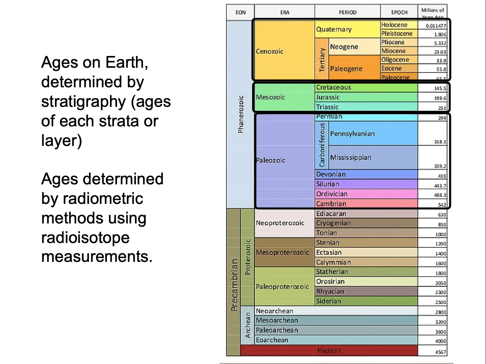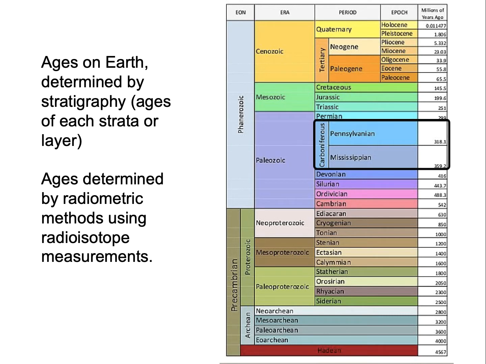So you can see the Carboniferous region here, and that's characterized by a lot of plant life, so that as they decayed, they deposited a lot of carbon, and you'll find fossil fuels being dug from these layers.